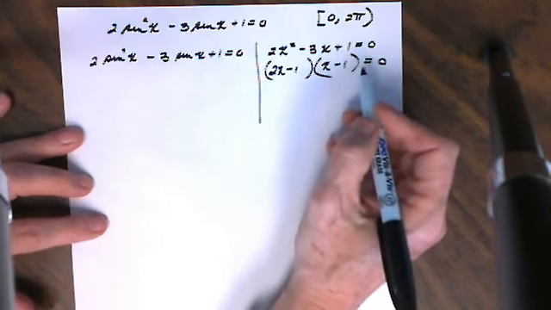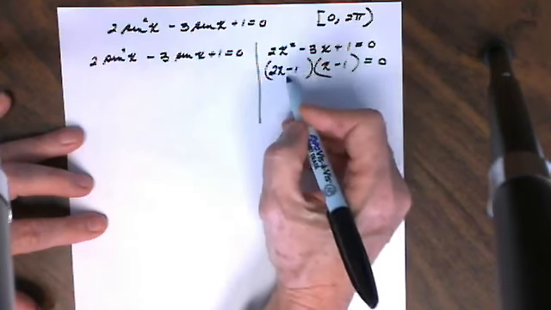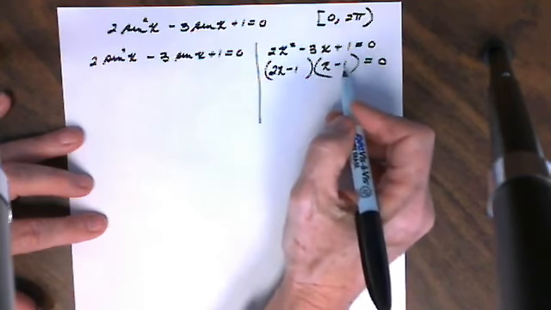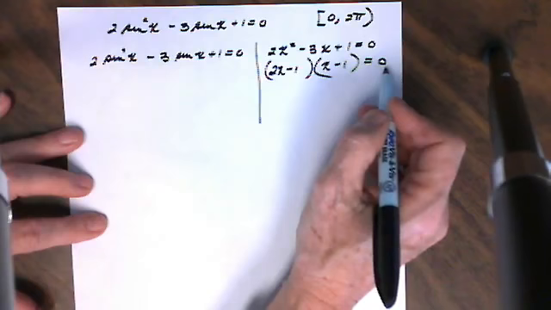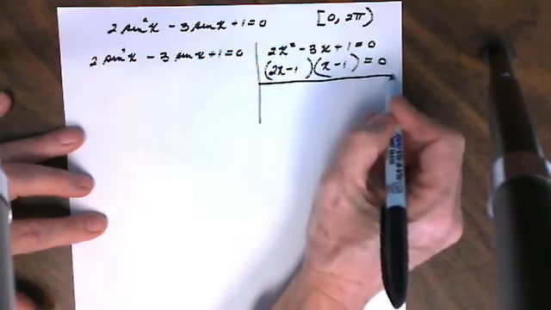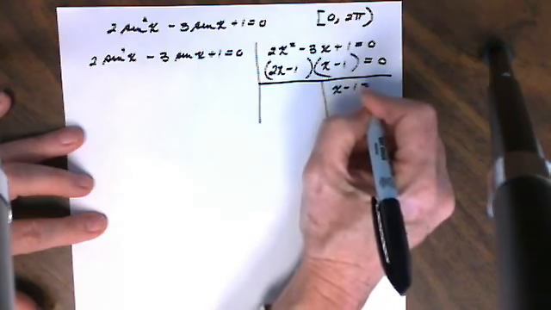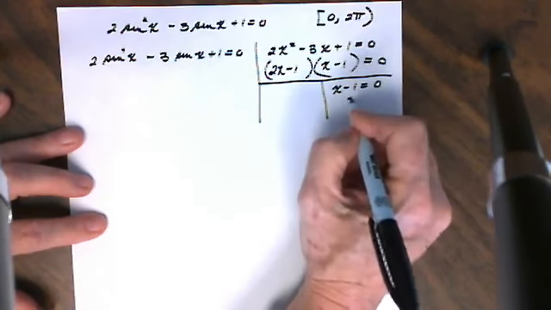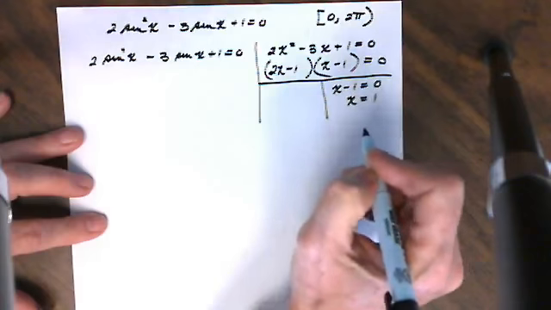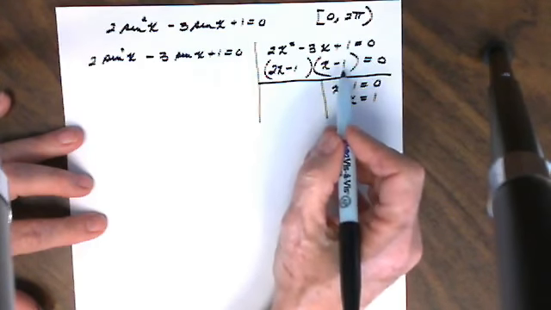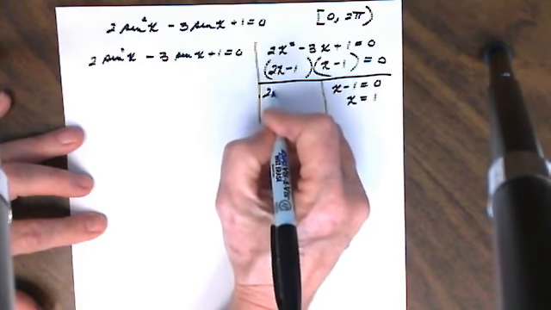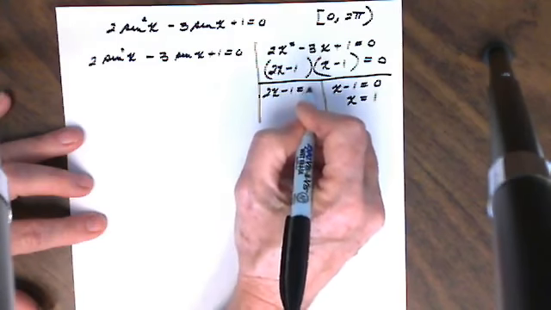Now, if either one of these factors is equal to 0, I will get 0 for an answer. When is x minus 1 equal to 0? When x is equal to 1. When is 2x minus 1 equal to 0?